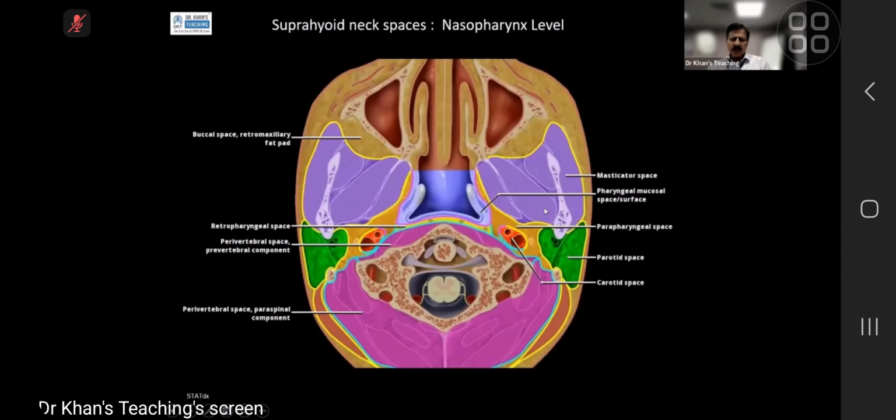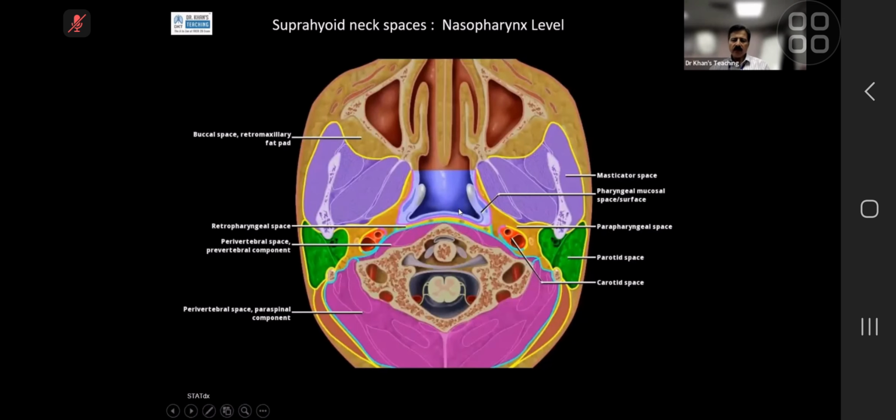So this is the level at the nasopharynx. First of all, you have to orient yourself. This is the nasopharynx. Nasopharynx is also what we call the pharyngeal mucosal space. So there is an overlap of terminology. The words nasopharynx, oropharynx, hypopharynx are traditionally used in anatomy and in staging of squamous cell carcinomas.